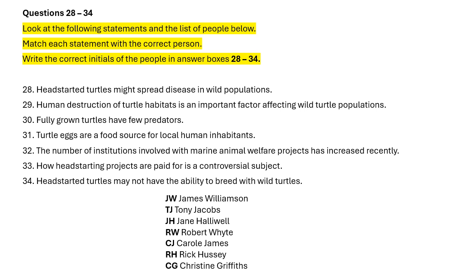The second one is another instruction that asks you to match each feature, that is, each statement, to the right person. It says, match each statement with the correct person. The third one, the last one, tells you how you should write down your answer. It says, write the correct initials of the people in answer boxes 28 to 34. If you fail to follow this instruction on how to write down your answers, they will be marked as incorrect.